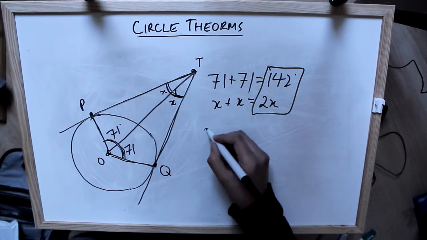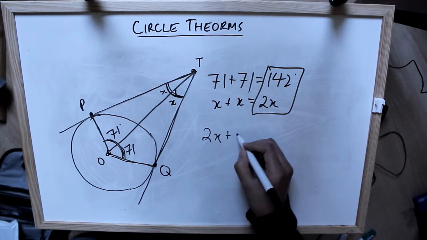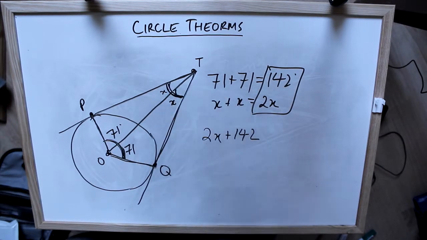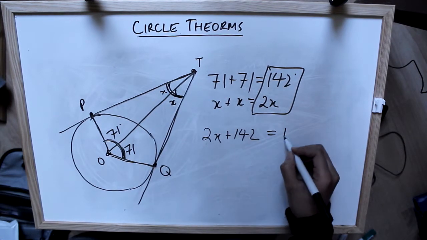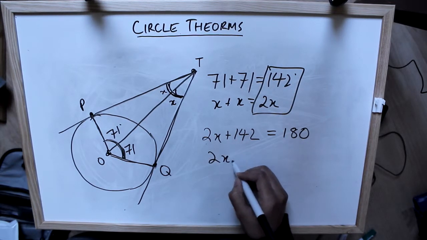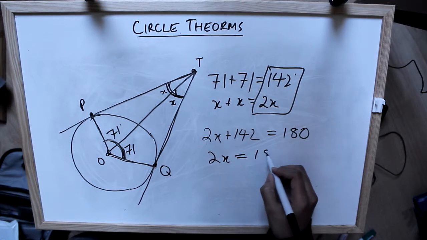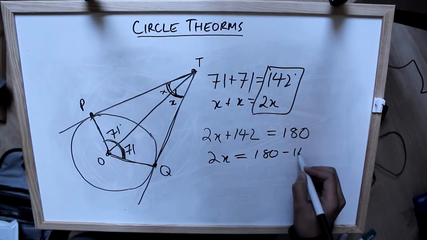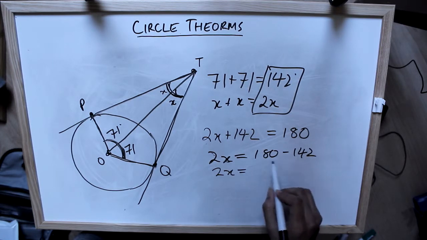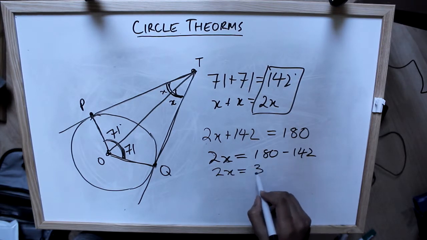So we do 2x add 142, which is basically this angle and that angle. They have to equal 180. Rearrange this, we get 2x equals 180 take away 142, so we can rewrite this as 2x equals 38 degrees.